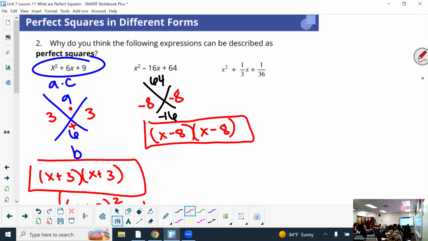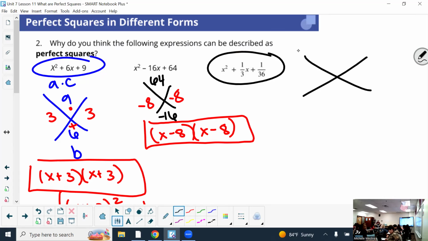And then the last one, just because it has a fraction, doesn't really change anything. You can use your calculator to handle some of the fraction calculations. But we're trying to prove that this is a perfect square by factoring it. So to set it up, my a times c, 1 times 1 over 36 makes this the top number.